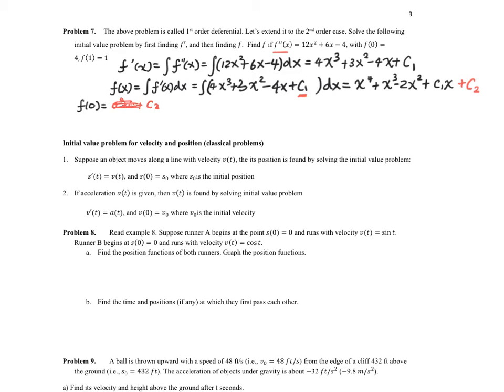These are all zeros when you plug in 0 here. And we do know f of 0 is equal to 4. This implies c2 is equal to 4.